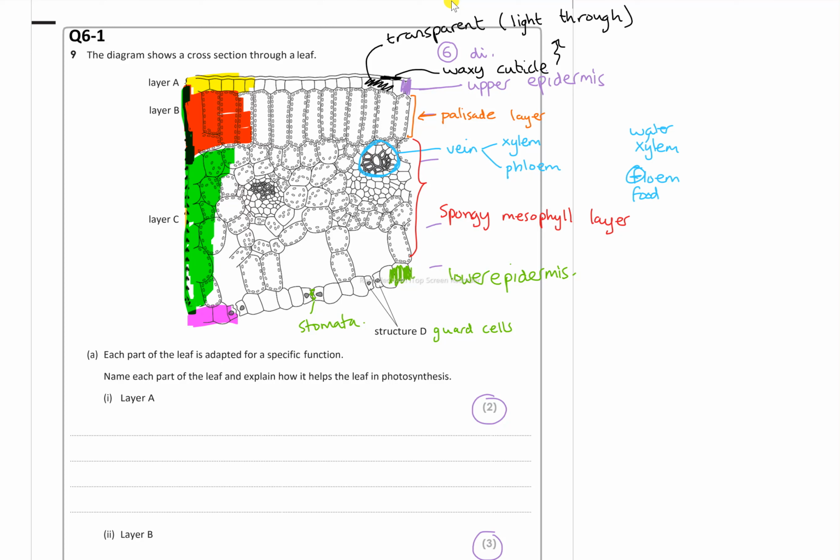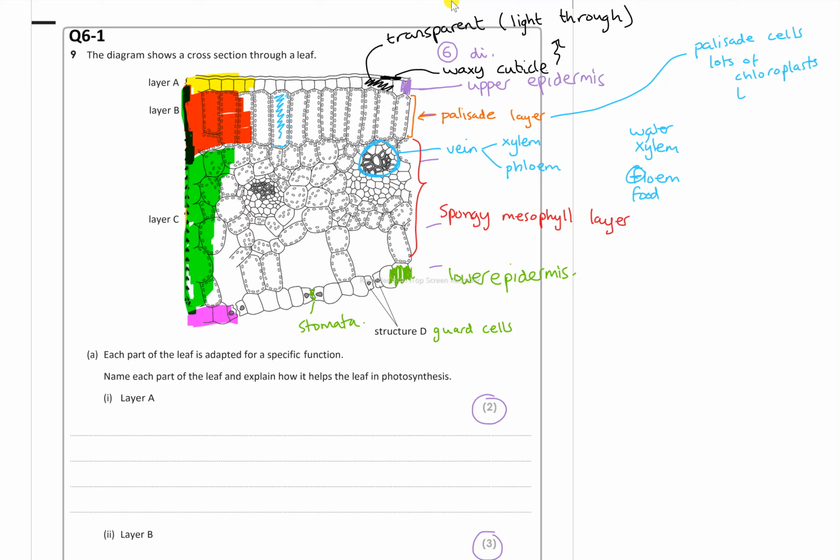Right, this here, this is a palisade cell, and can you see all these little dots here? They are in effect chloroplasts, right? So that is a palisade cell with lots of chloroplasts.